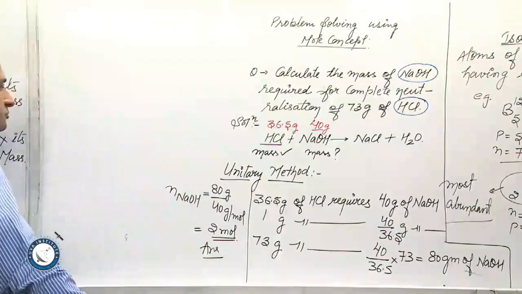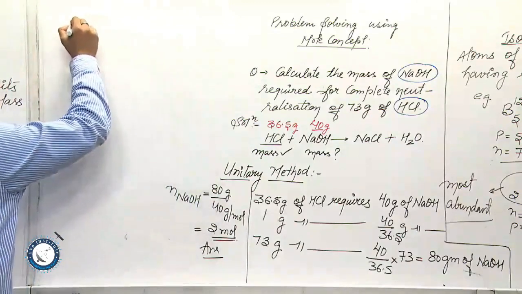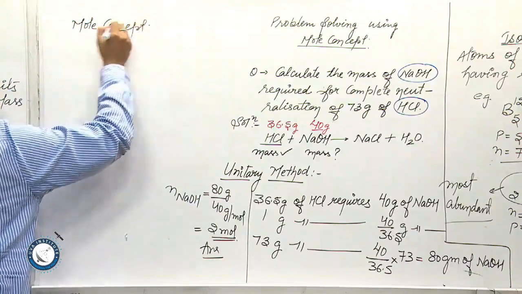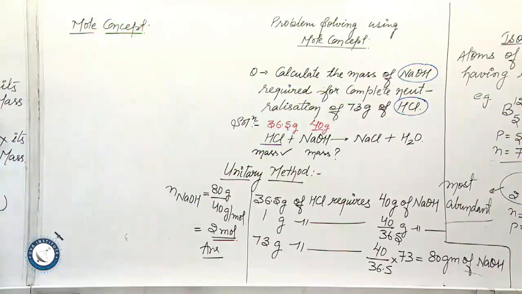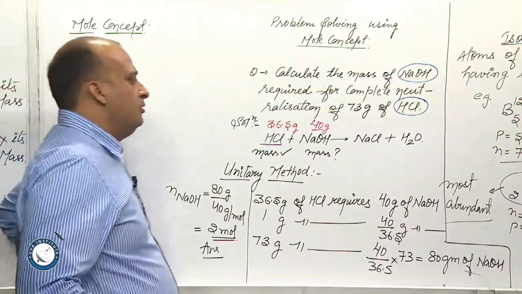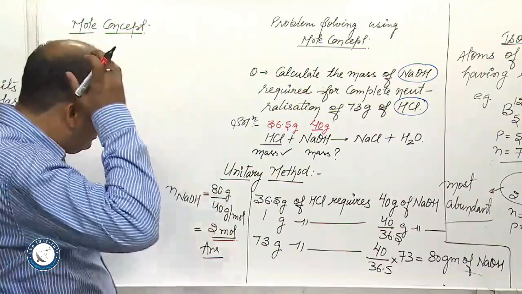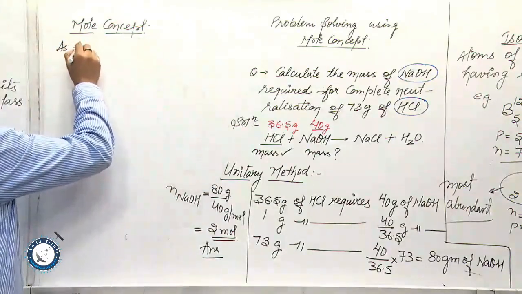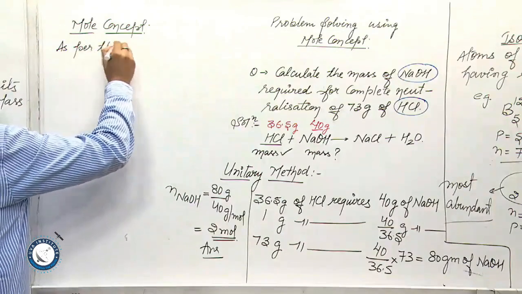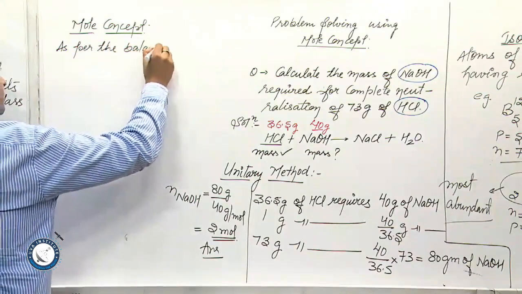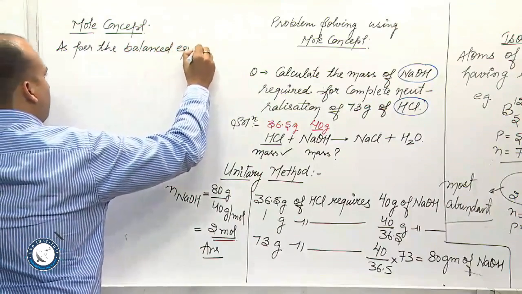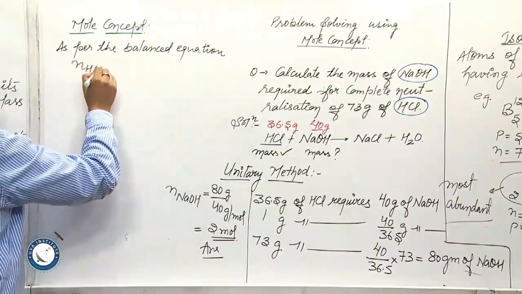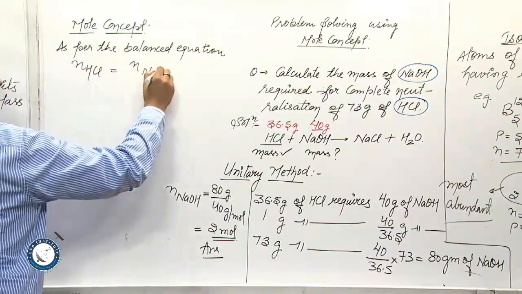Okay. Now let me use the mole concept. Now the mole concept says that, see, as per the balanced equation, number of moles of HCl is equal to number of moles of NaOH.